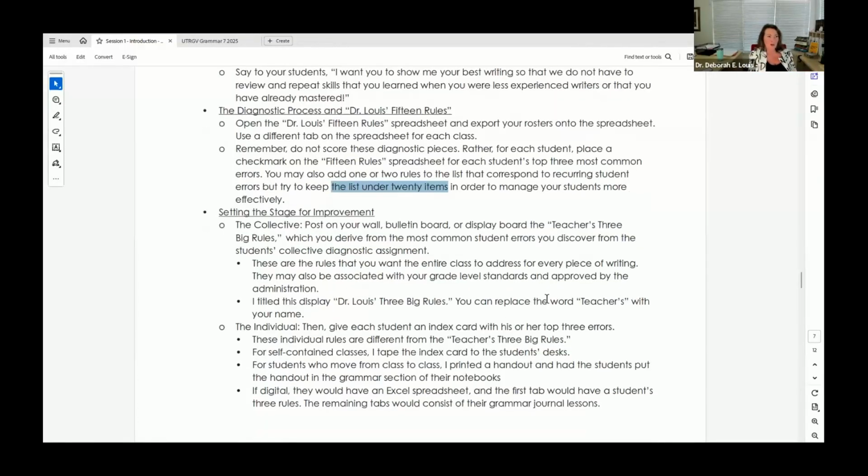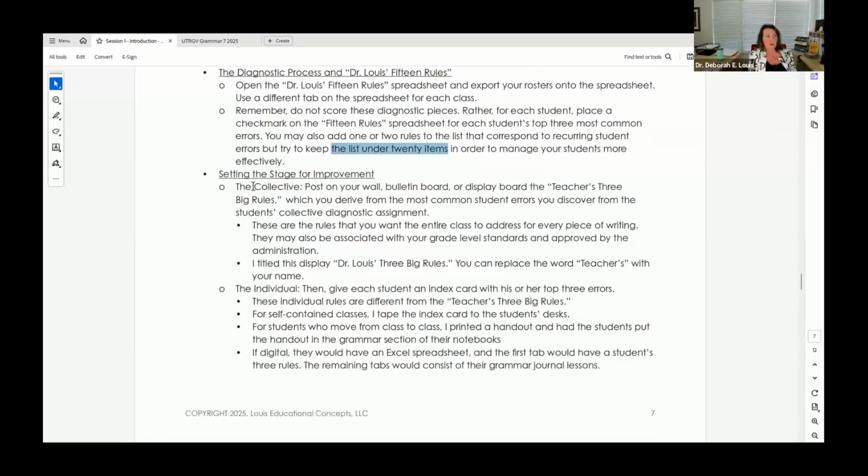And so when you're looking at that class, you're going to look at the collective and you're going to look at the individual students. And what I recommend that you do is you post on your wall, bulletin board or display board, the teacher's 3 big rules.